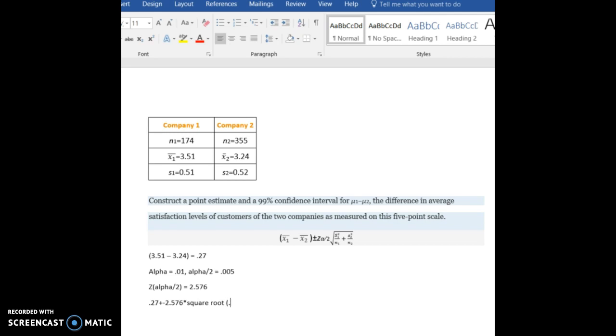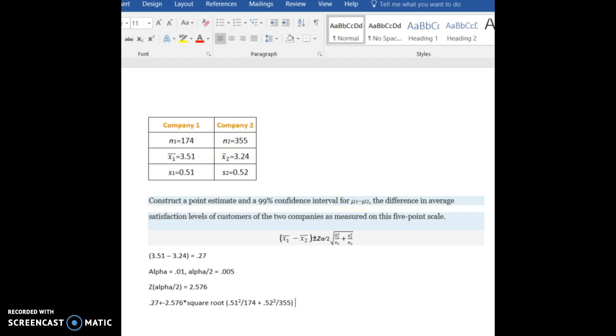Our S1 is 0.51, squared, and N1 for the first company is 174. Then we square our second standard deviation, 0.52 squared, divided by the number in our sample there, 355.